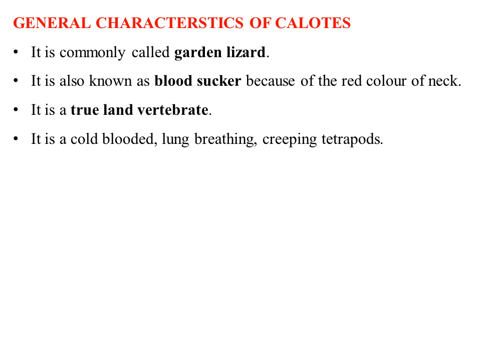It is a cold-blooded animal, that is, a poikilothermic animal. They cannot change their internal body temperature according to the external environmental temperature, so they are called cold-blooded animals. They are lung-breathing animals and also creeping tetrapods, that is, with four limbs.